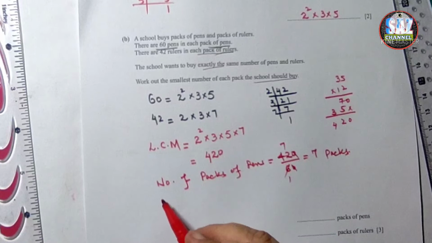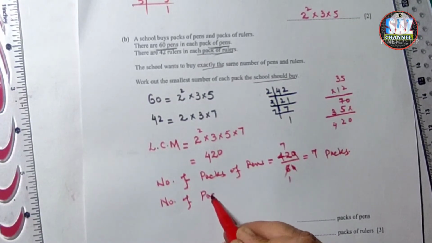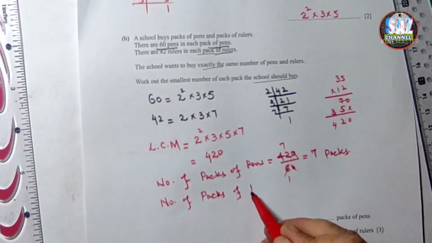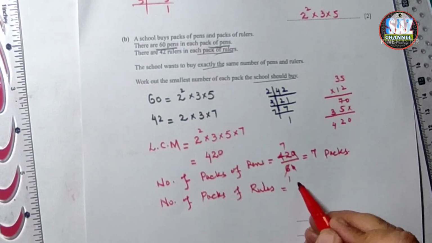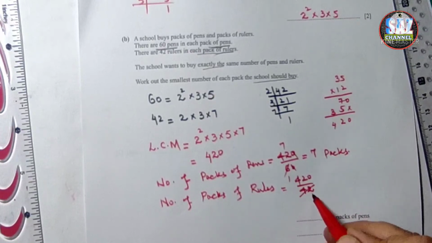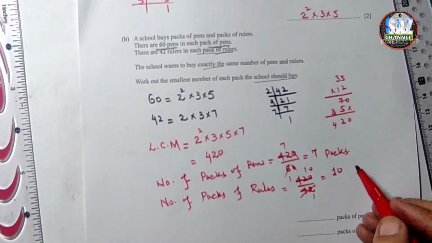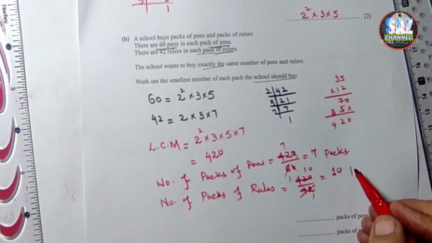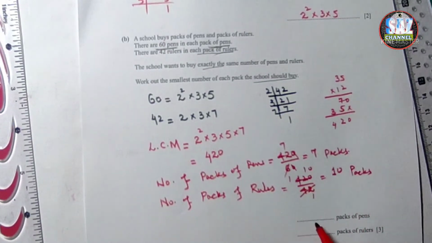And the number of packs of rulers is 420 divided by 42, which is 10 packs. So here I should write: for pens 7 packs and for rulers 10 packs.